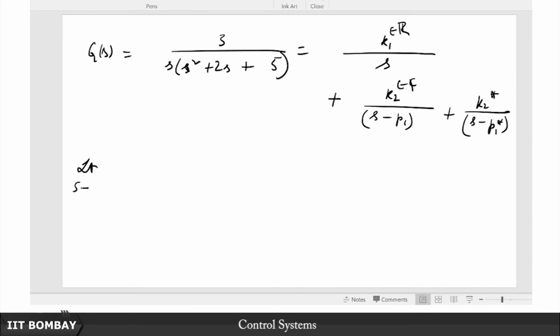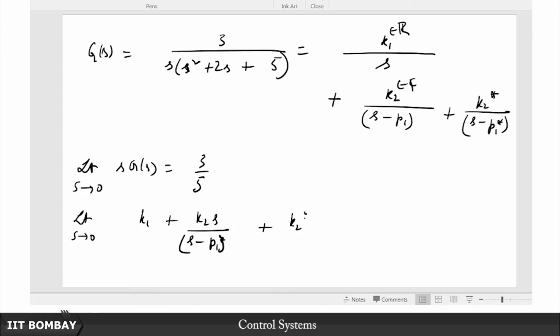So let us apply s tending to 0, s times G(s). What is that? I am just cross multiplying by s on both sides, so this s vanishes. So on the left hand side I have 3/5, and on the right hand side I have limit s tending to 0 of k1 plus (k2 s) upon s minus p1 star, sorry, p1 plus k2 star s by s minus p1 star.